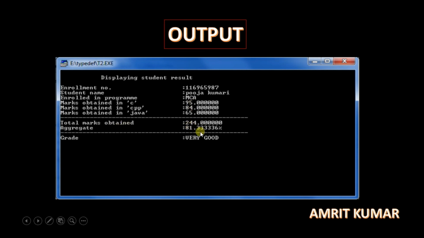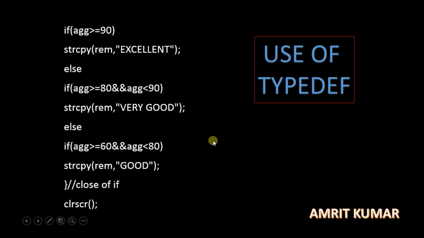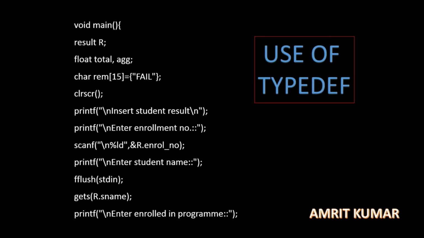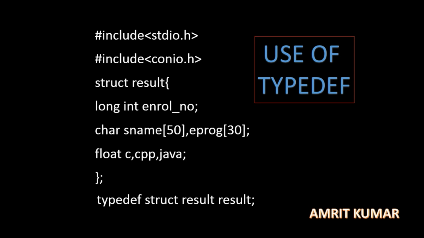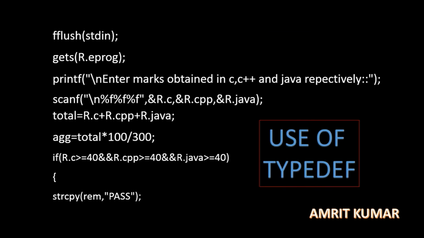After the calculation and the aggregate marks, the grade has been transferred here: Very Good, because our logic has worked well to complete the task we needed to do. So this was the proper use of the typedef reserved keyword in the C language.